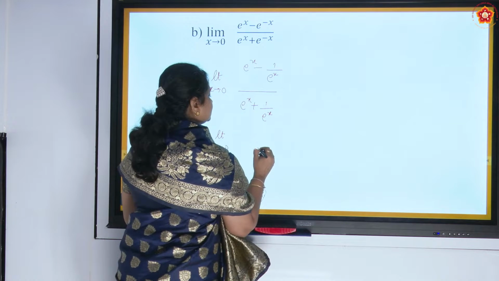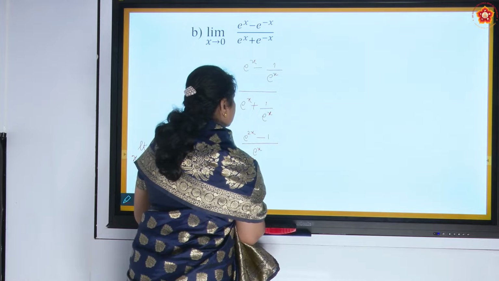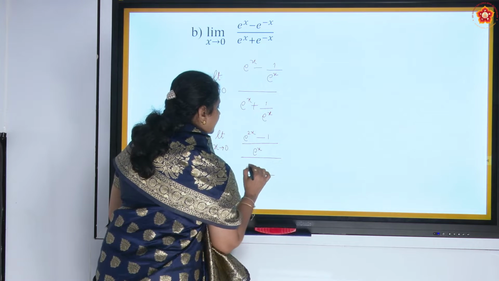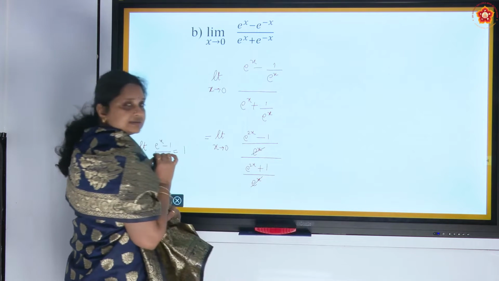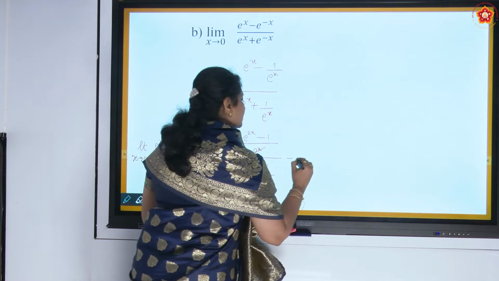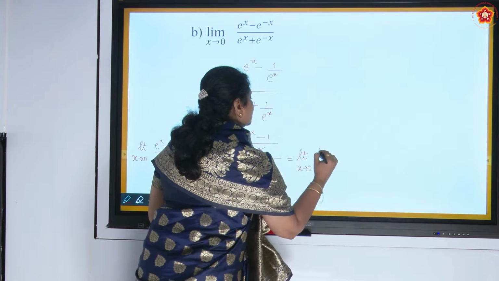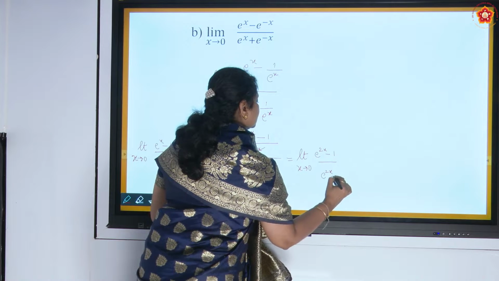So, I take e power x as the LCM. I have e power 2x minus 1 divided by, on the denominator again e power x is the LCM. I have e power 2x plus 1. So, e power x gets cancelled and I have limit x tending to 0, e power 2x minus 1 by e power 2x plus 1.